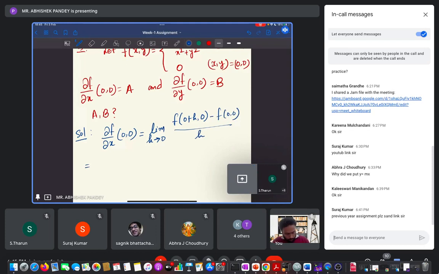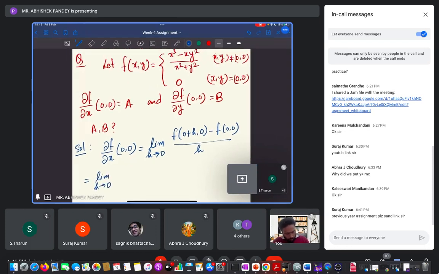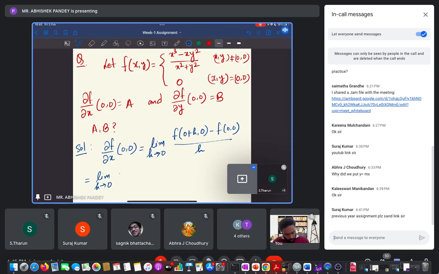So this will give you limit h tends to 0, h cube by h square, which will be h only. F of 0 comma 0 is 0. So this will be h minus 0 by h. So this is nothing but 1.